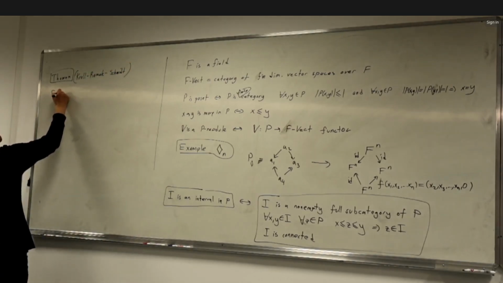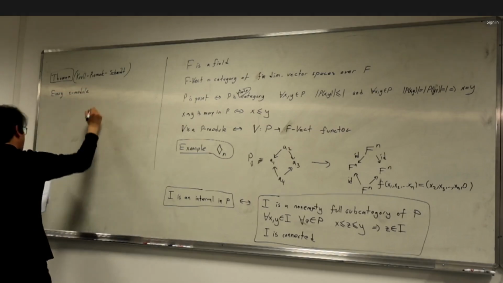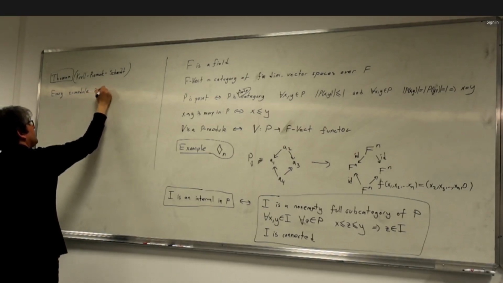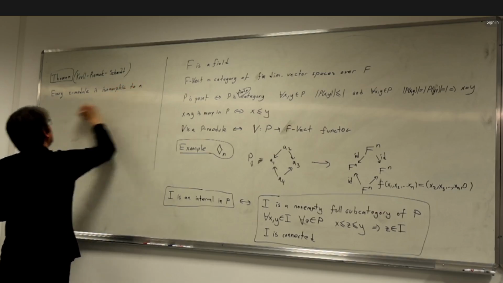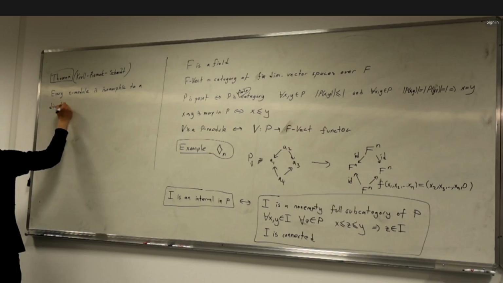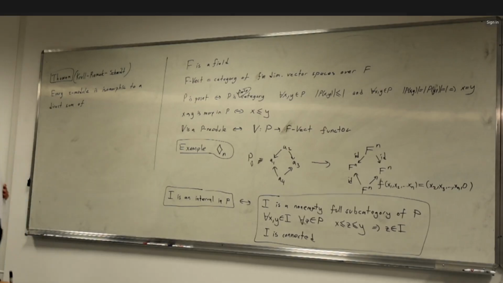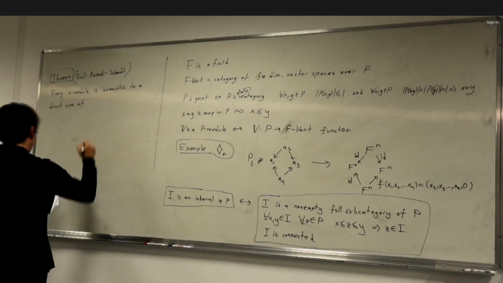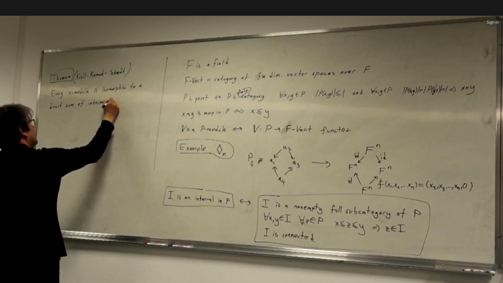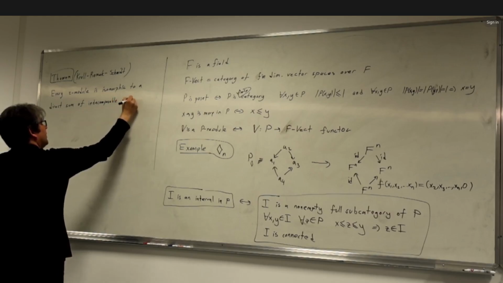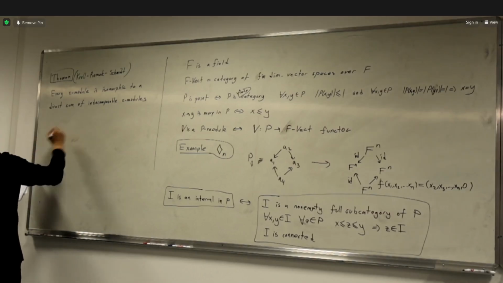Every tau module is isomorphic to a direct sum of indecomposable tau modules.